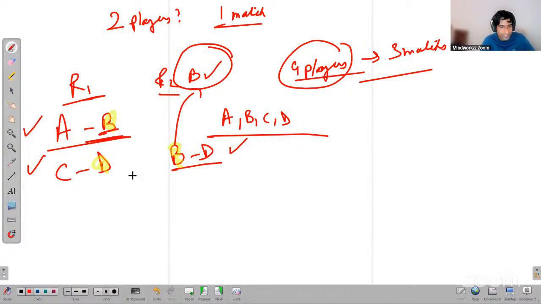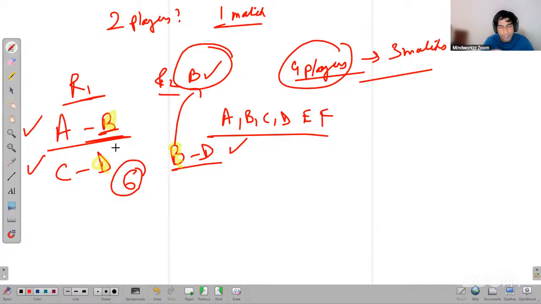Let's say I take 6 players. Now this will be an interesting scenario. What will happen right here? So let's say you have A, B, C, D, E and F. I'm just assuming, Pranjal, who is winning. It is just an assumption.